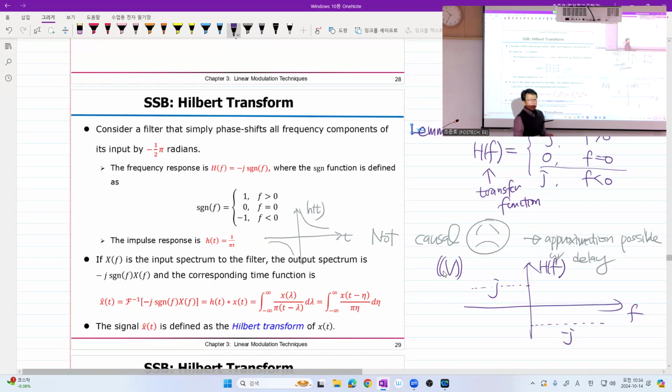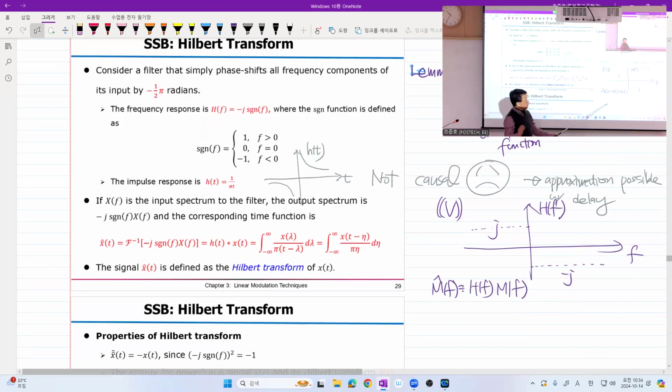So the Hilbert transformer does something very interesting in the frequency domain. In the time domain, it looks very complicated. You have an impulse response, something like this. What's going on? But in the frequency domain, it's much clearer, because the Hilbert transformer output, m hat of f, is simply this H of f times the message signal's Fourier transform.